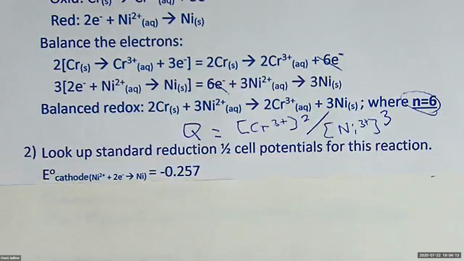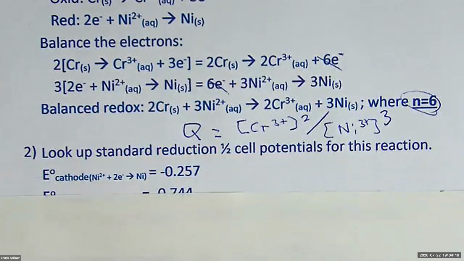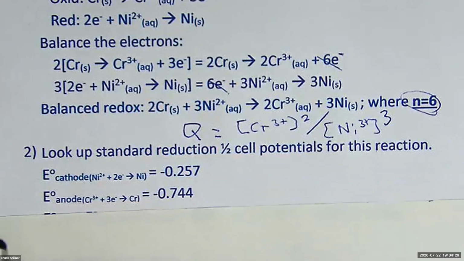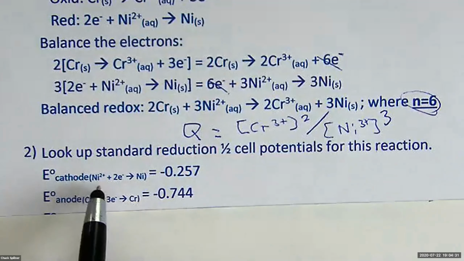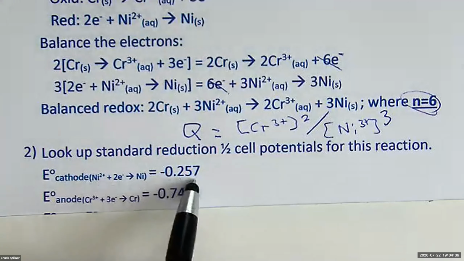So we have to look up the standard potentials. The first thing you have to do if you're going to use the Nernst equation is to have the standard cell potential. So you need the standard half reaction potentials. So I looked these up. The standard reduction potential for the nickel reaction is minus 0.257.